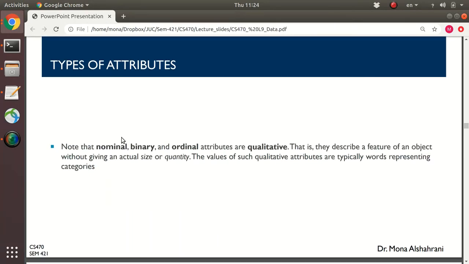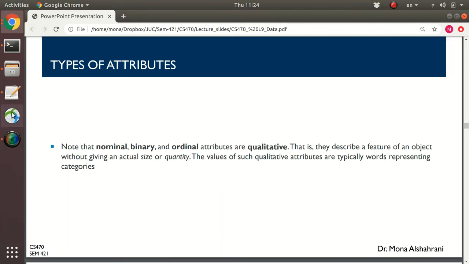As we said before, with regard to nominal attributes, including binary and ordinal attributes, they are used to represent qualitative data types. That is, they can represent symbols or categories, but they cannot describe a feature in terms of the actual size or quantity.